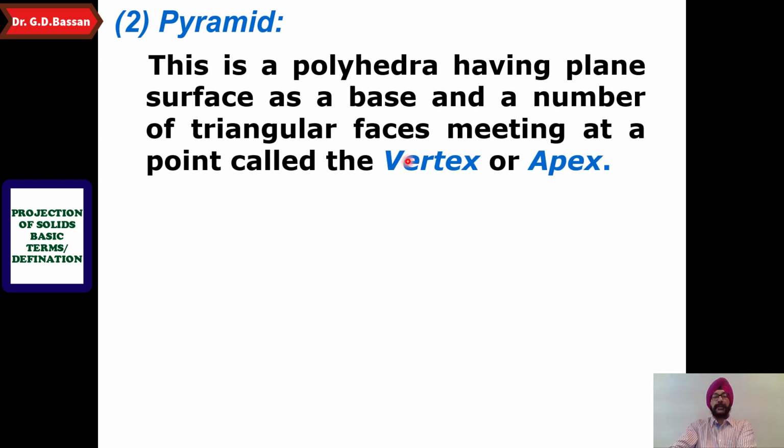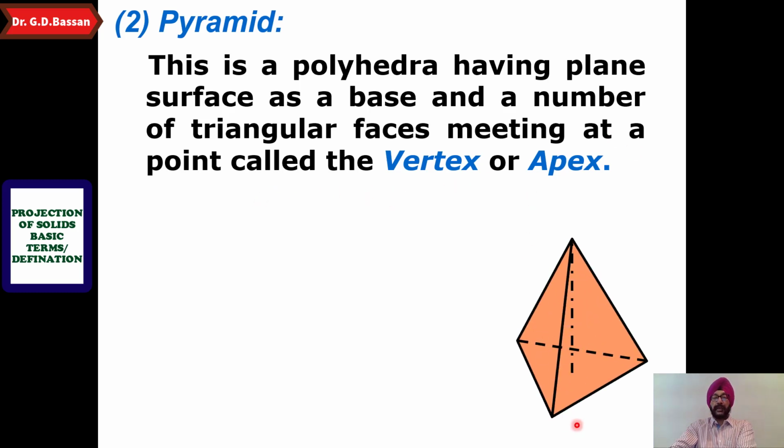The second one is a pyramid. How do we define a pyramid? A pyramid is also a polyhedra having a plane surface as a base and a number of triangular faces which meet at a point called the vertex or apex. Here this plane figure is called the base, and this is considered the vertex or apex.